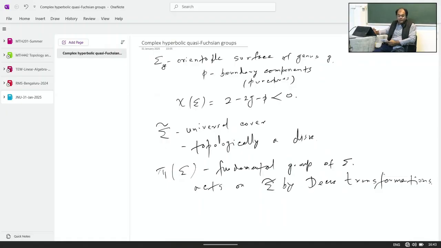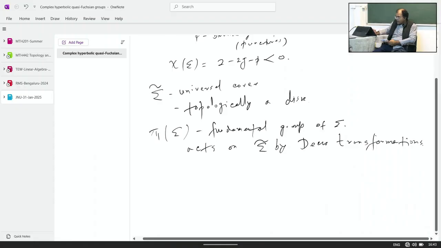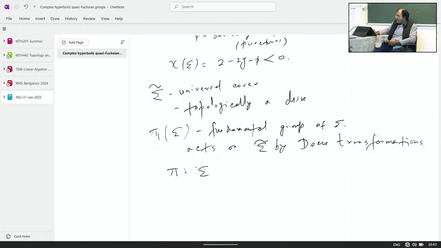Fine? Yeah. So now, okay, I am using a bad notation. So this is the projection map. You should not confuse it with the fundamental group. This is projection. Okay, I mean, I can call it some other notation also. Maybe call it P. Okay, if you want.